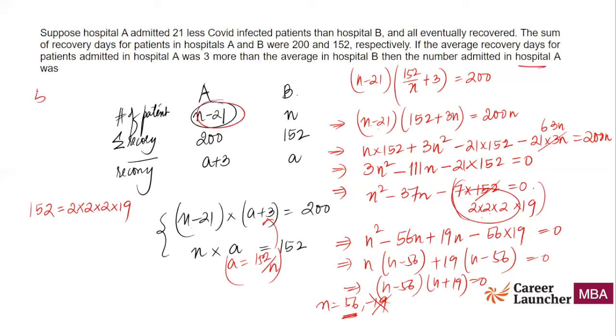If N is 56, 56 minus 21 will give you 35. Yeah, 35. It was a lengthy question. But of course, you cannot expect each and every question to be very, very easy in the CAT exam. There are going to be some questions which will pull you back time-wise.